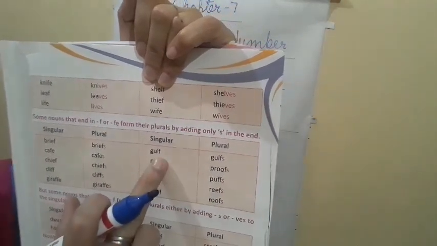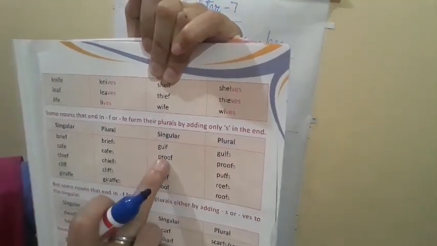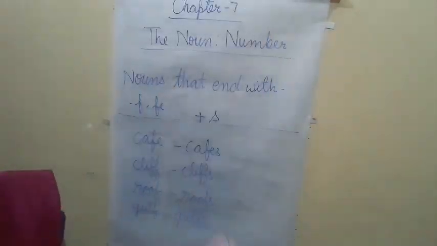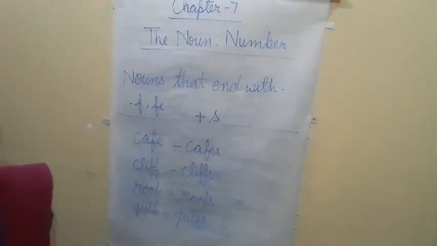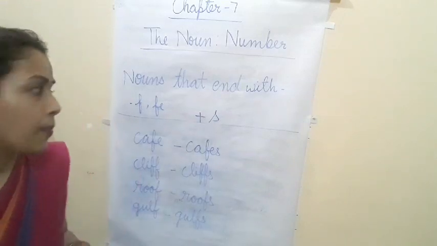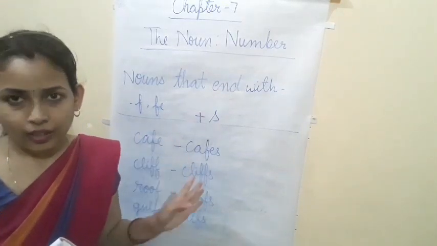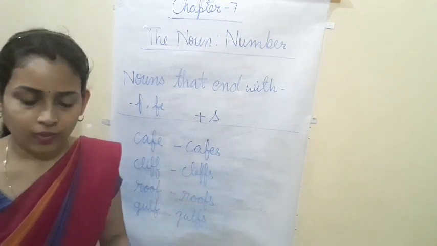Gulf, gulfs. Proof, proofs. So some of the exceptions are here. In the previous video I told you we drop f or fe and add ves, but in some cases we don't drop f and fe. Generally we put only s to make the plural nouns.